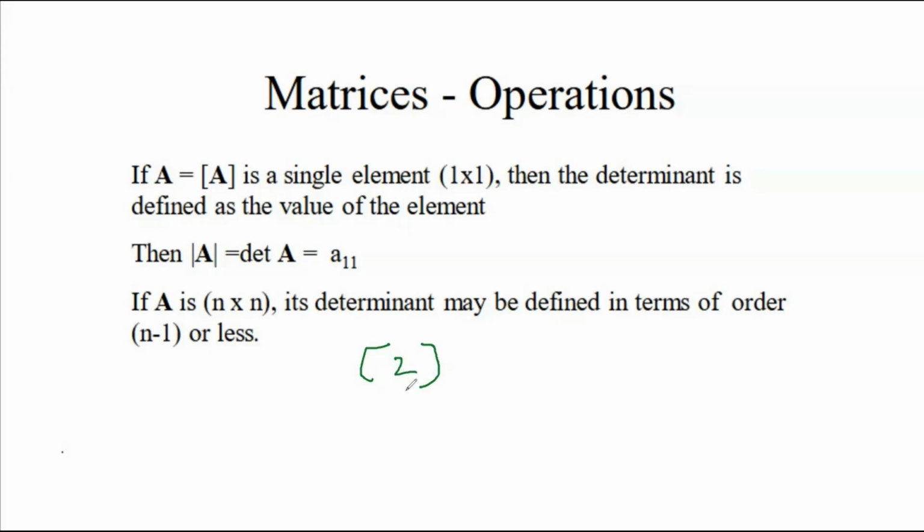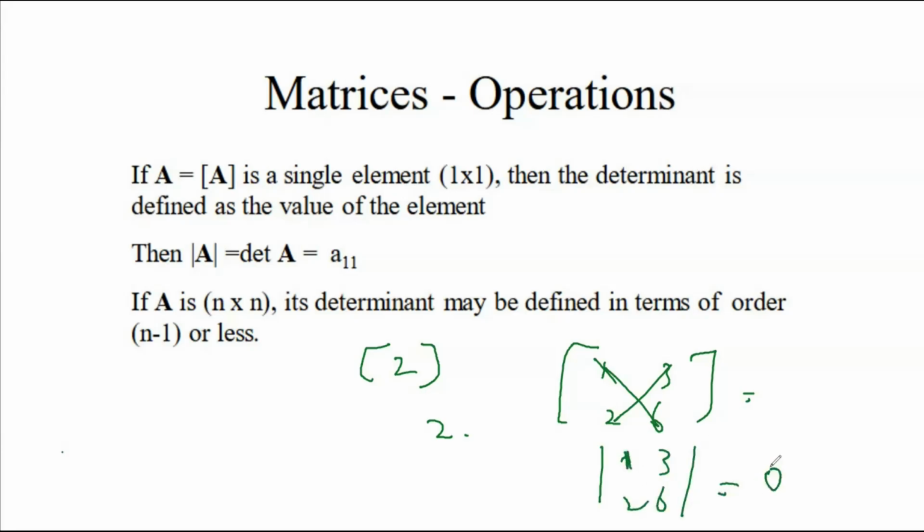If you have a 2 by 2, let's say 1, 3, 2, 6. Look at this. Well, then the determinant is going to be 1 times 6 minus the 3 times 2, which is 0, right? So the determinant of 1, 3, 2, 6 equals 0. And you know that this matrix is a singular matrix.